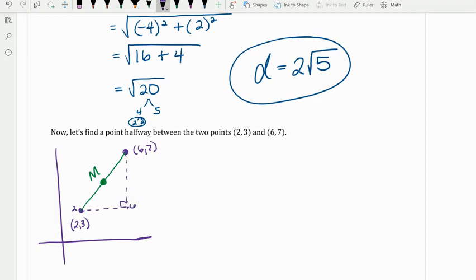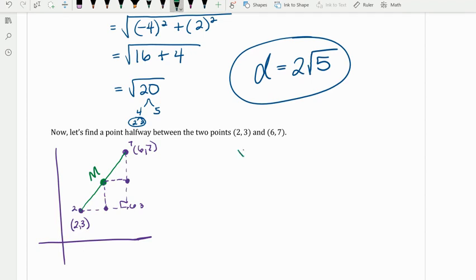Now, the x value of the midpoint is right in the middle of 2 and 6. And then I can think about the same thing with our y values. The y value over here is 3, and the y value up here is 7. The y value of the midpoint is right in the middle of 7 and 3.